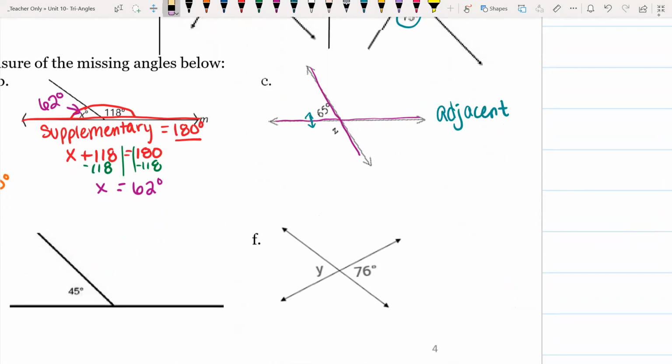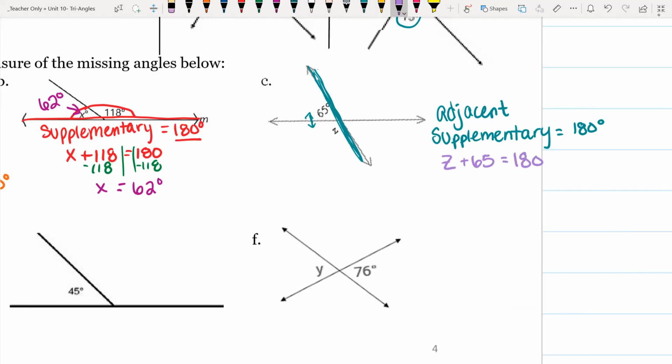But what you may have noticed is that they form a straight line, right? They form a straight line if you look at it like this. So since they form a straight line, they're also supplementary, which means they add up to 180 degrees. So to solve this, we would do z plus 65 equals 180.